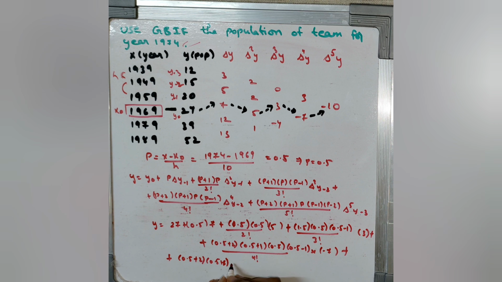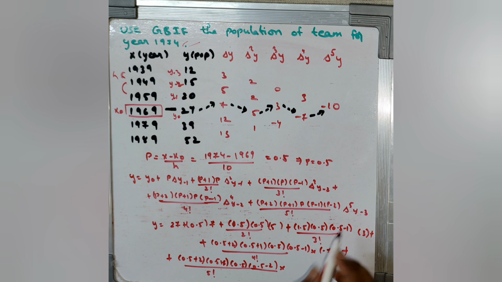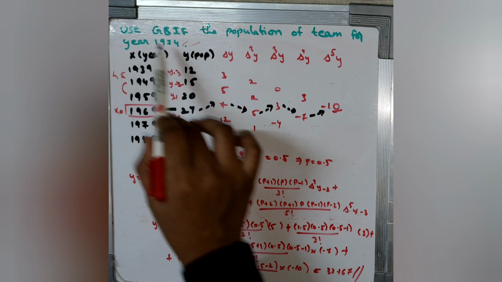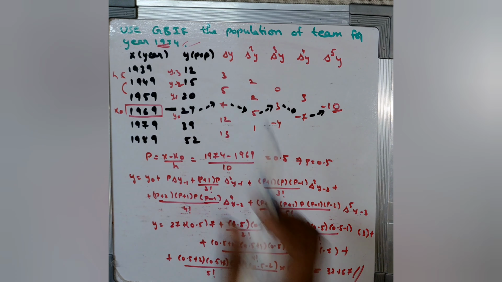Just use this formula. p is 0.5 into 0.5 minus 2, divided by 5 factorial into delta power 5 y minus 3, which is minus 10. So calculate this whole value, and you will get y as 32.167.